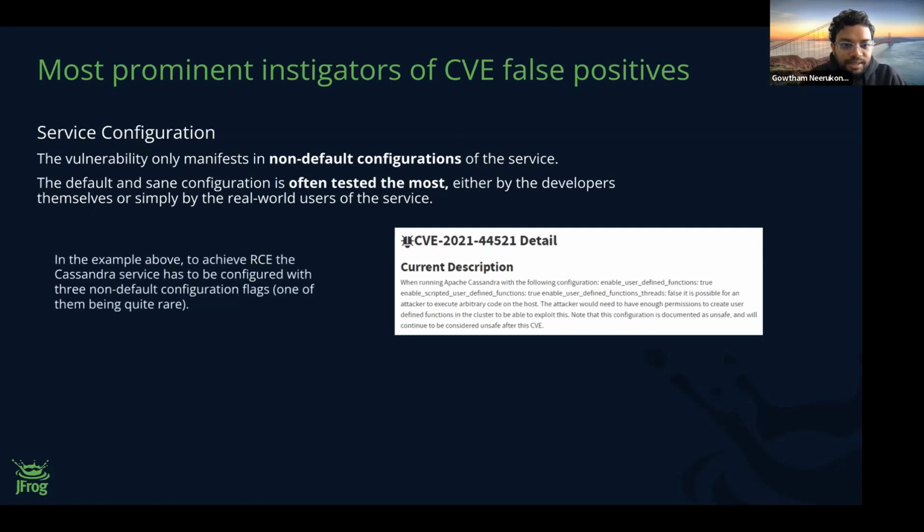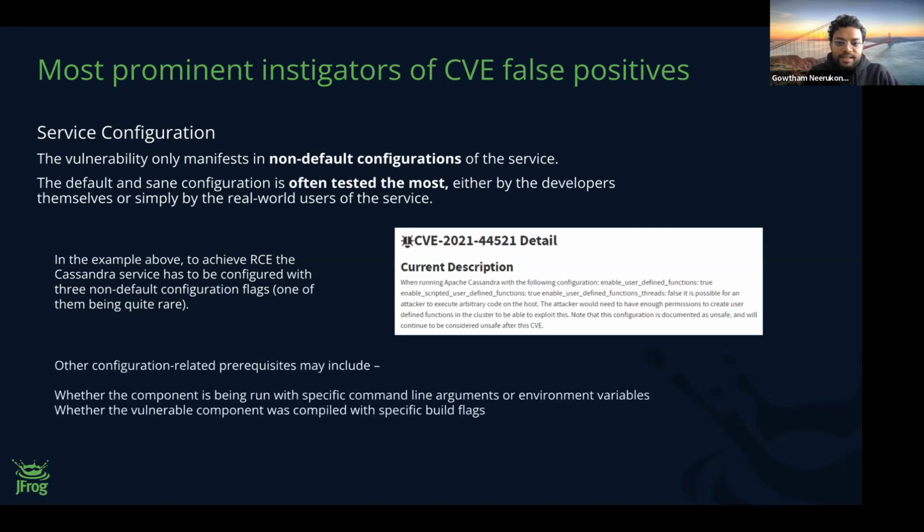Again, in this example, a specific flag should be utilized, and out of the various contexts that we have analyzed, this seems to be quite a rare approach that the user base would take towards using those flags. Again, there are certain other conditions as well.